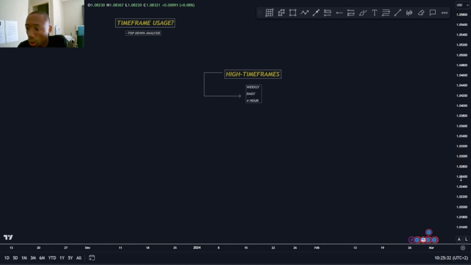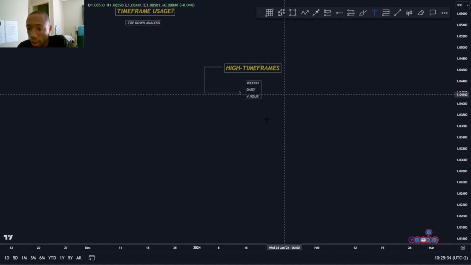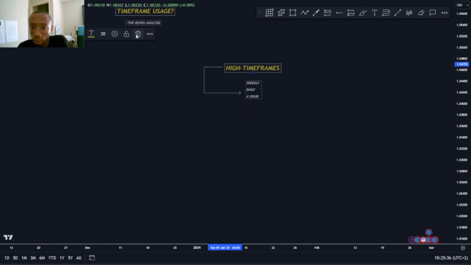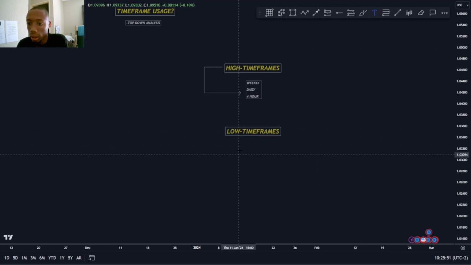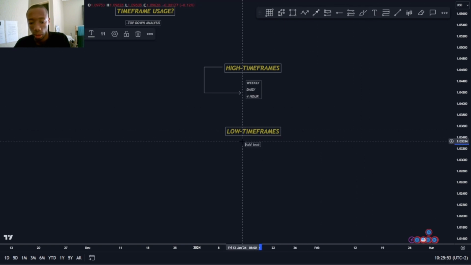Then going into the lower time frames. Our low time frames are, I'm sure this is common among most strategies, the 1 hour, followed by the 15 minute, followed by the 5 minute.